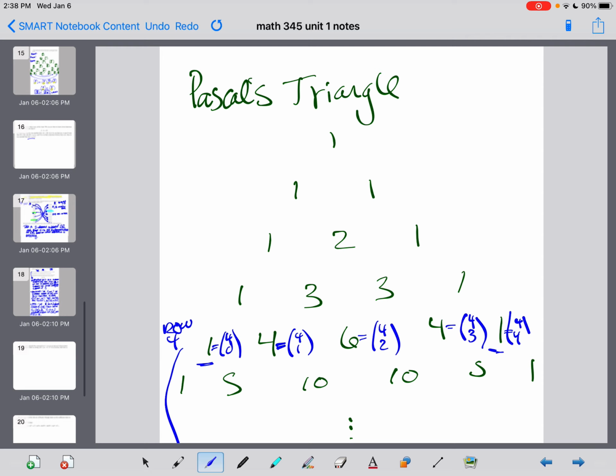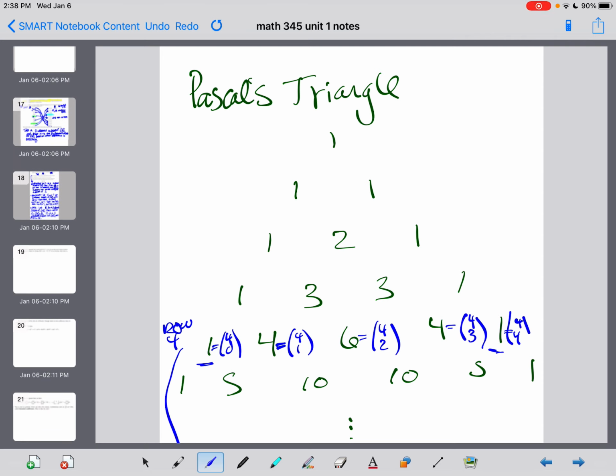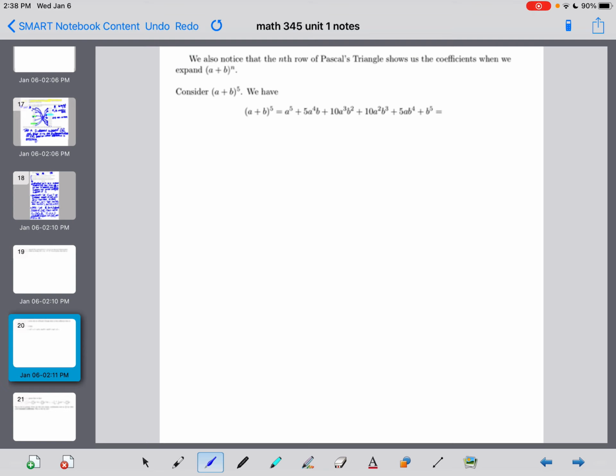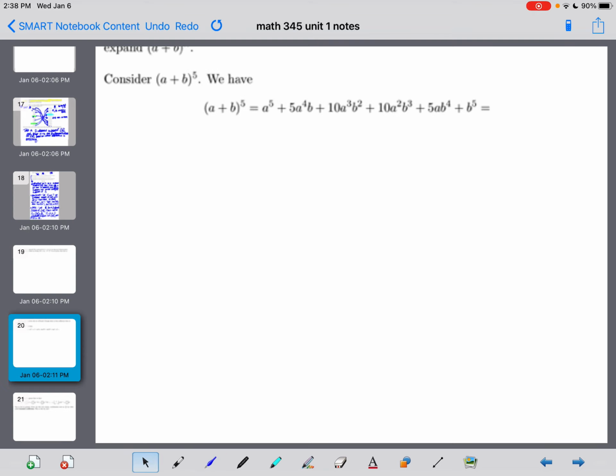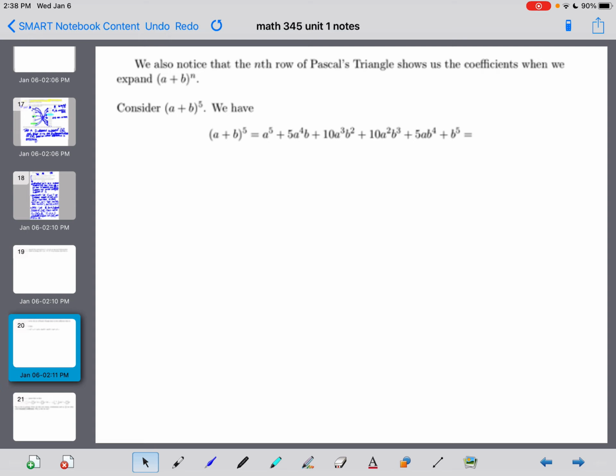So another interesting thing to notice, beyond the fact that it's symmetric, which is what we talked about in the last video, is the fact that the elements of a particular row can show you something interesting about the binomial a plus b raised to a particular power. So let's consider for a second the binomial a plus b raised to the 5th power.